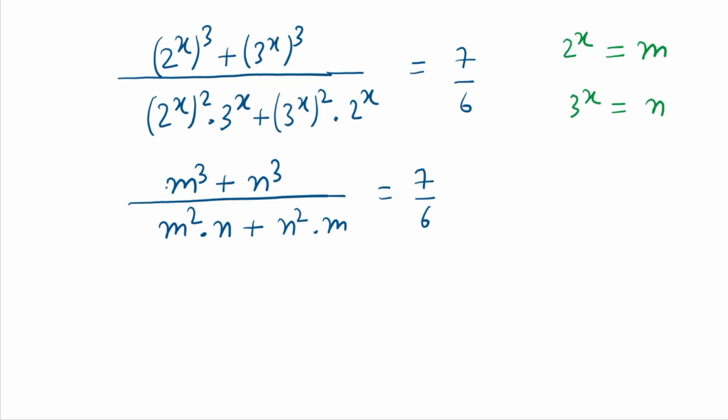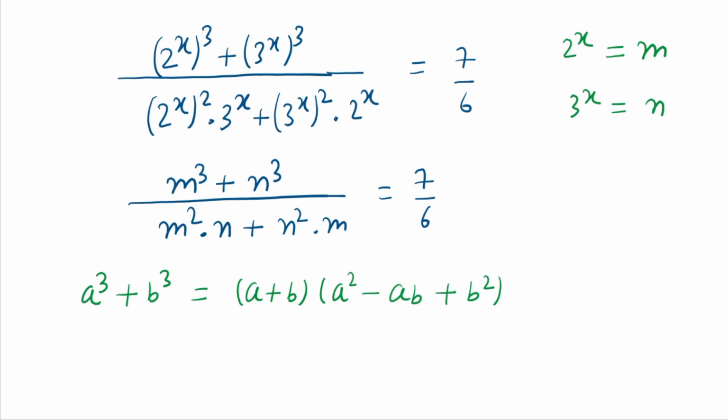We know that in the numerator we have a sum of two cubes, and the formula is a^3 plus b^3 equals (a plus b) times (a^2 minus ab plus b^2). So the numerator is (m plus n) times (m^2 minus mn plus n^2).